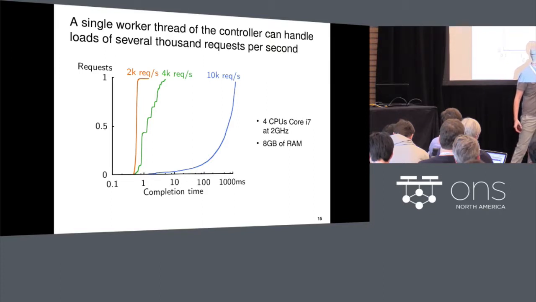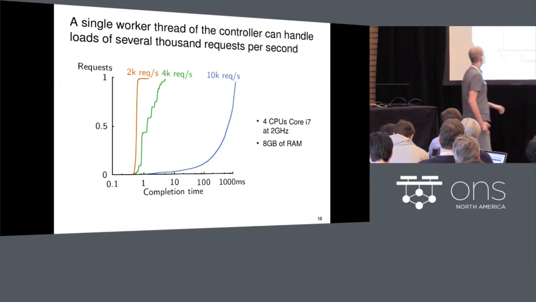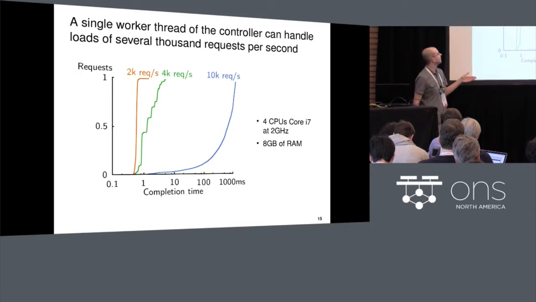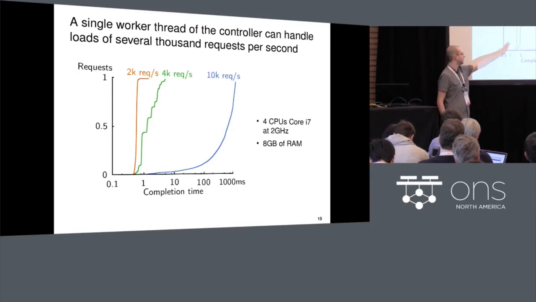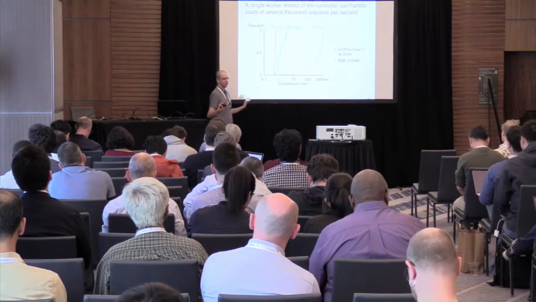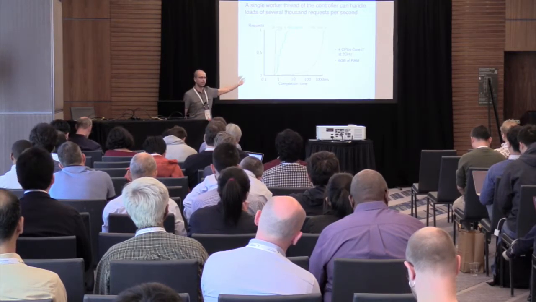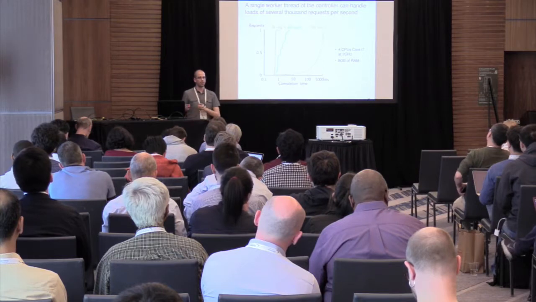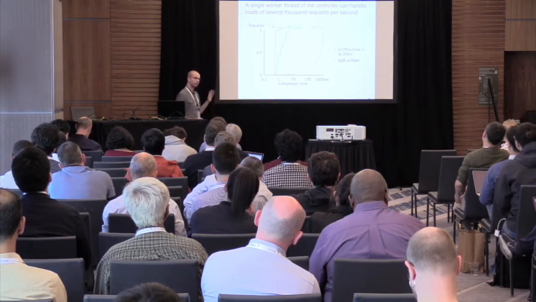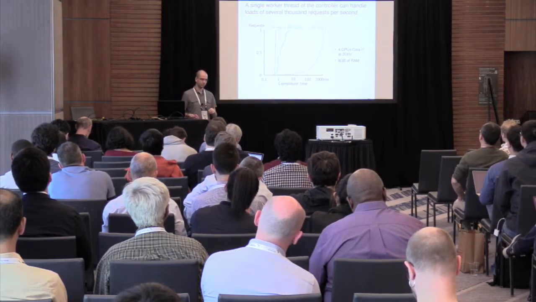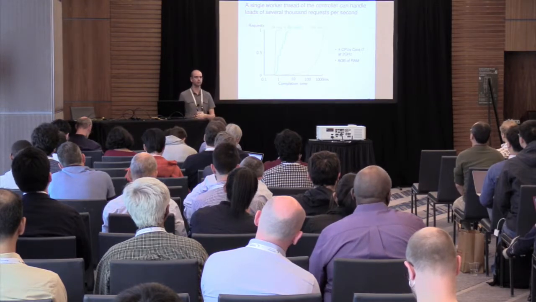The measurements were made on a low-end machine, and you can see that with 2K requests, it's very good. You are below 1 millisecond. With 4K requests, it starts getting a bit worse. And with 10K requests, it's completely garbage. But we are in a case with one single thread inside our SDN controller. I will show you just after what the result is with more threads.